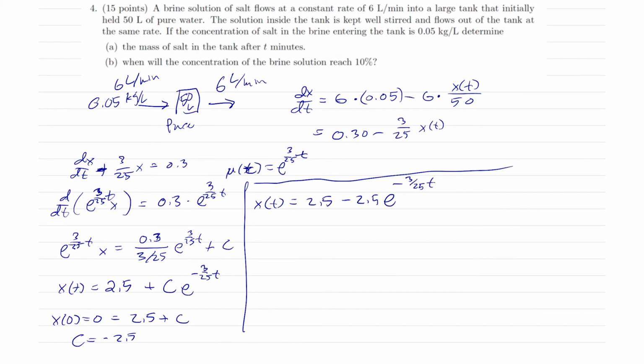And they want to know when will the brine solution reach 10%. What is 10%? So we're looking for when x(t) over 50 is equal to 0.1.